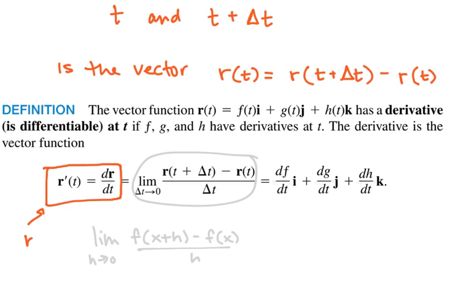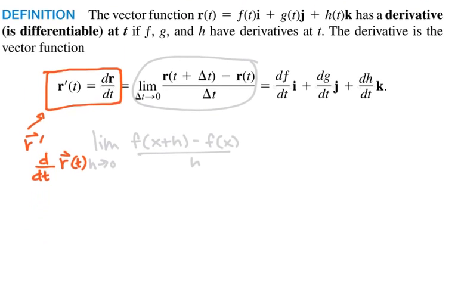I could also write just r prime without the t, or I could write the derivative with respect to t of the vector r of t. There are lots of different ways that we can notate derivatives. These are all just different ways. And so you just want to always make sure you know what you're looking at.